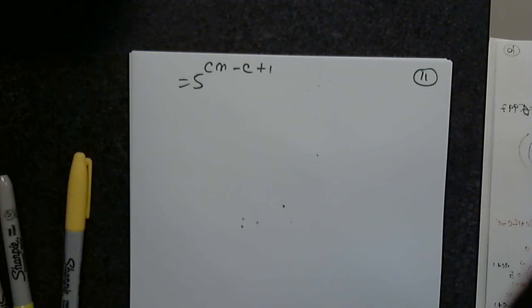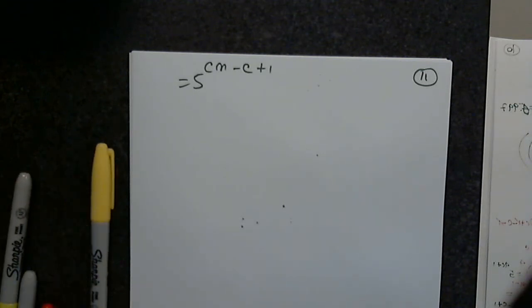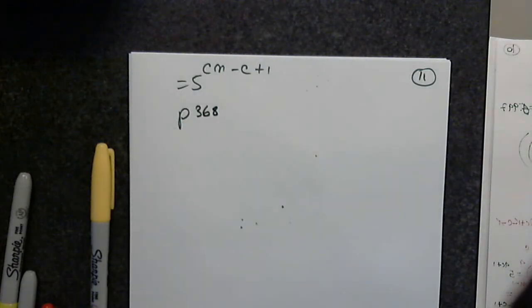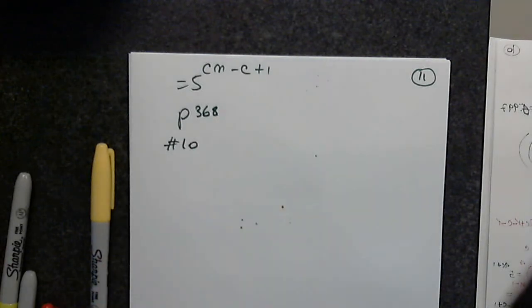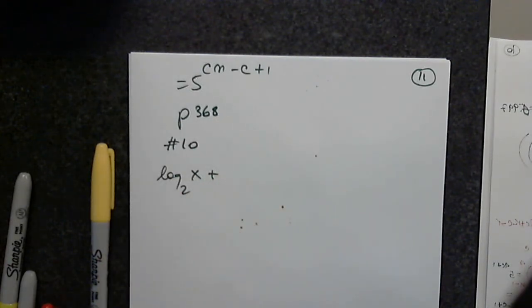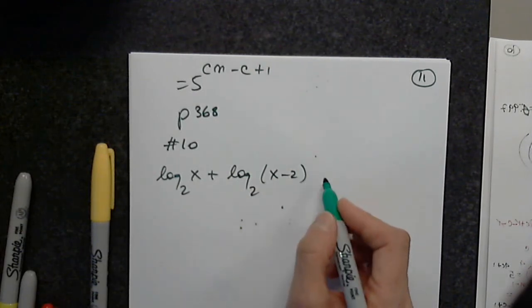Please choose A or B, or both. Let's do both. Good pick. So this is problem 10, page 368: log base 2 of x plus log base 2 of x minus 2 equals 3.